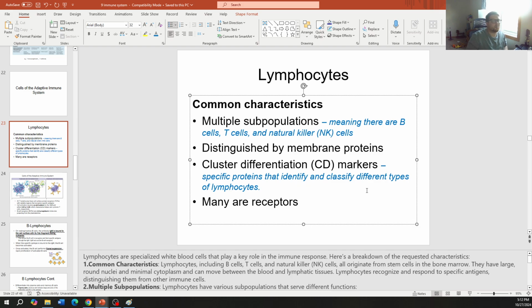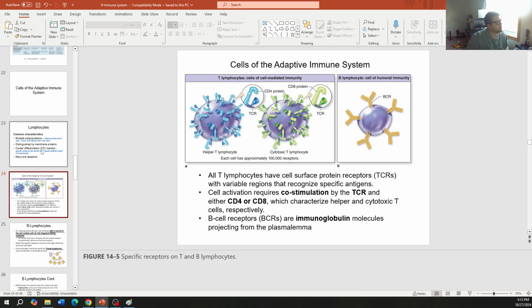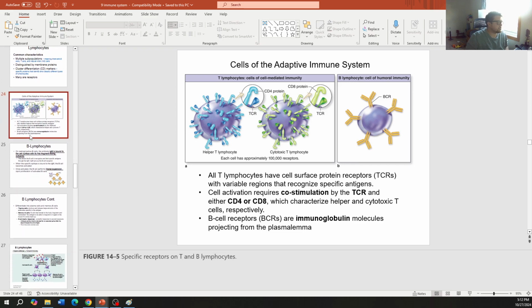How do we tell apart the different types of T cells from B cells? This is how we actually identify the differences between them. It's just a nice little picture. It's got a lot of information on it, but we're going to cover all of this in future slides.